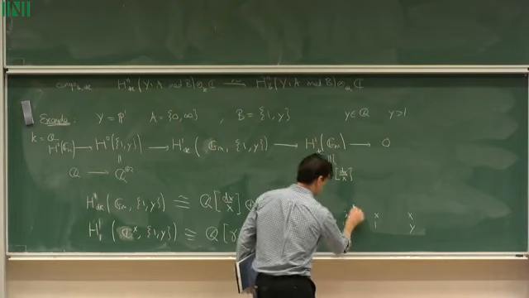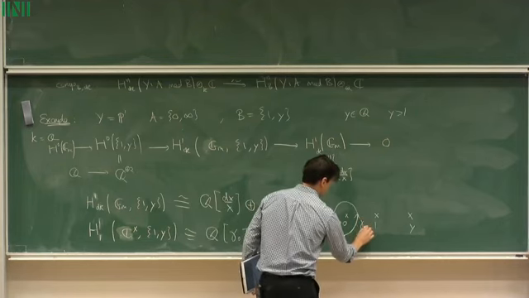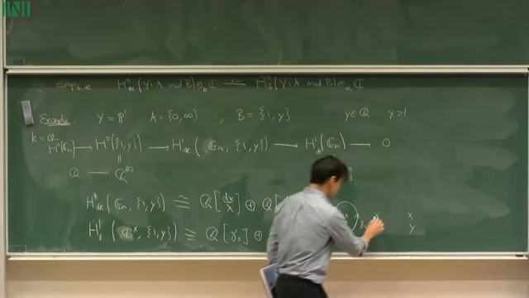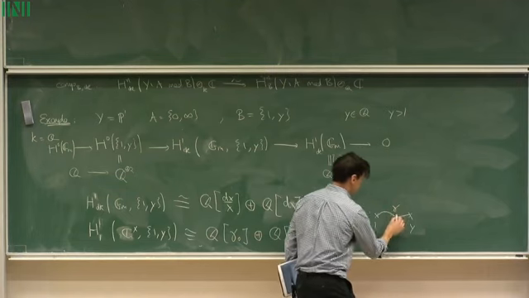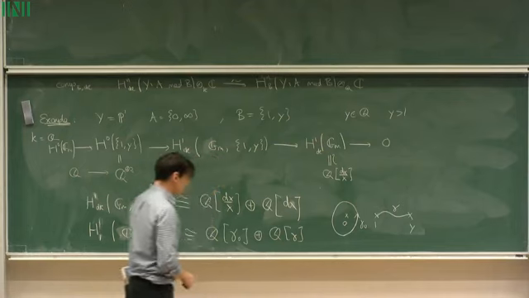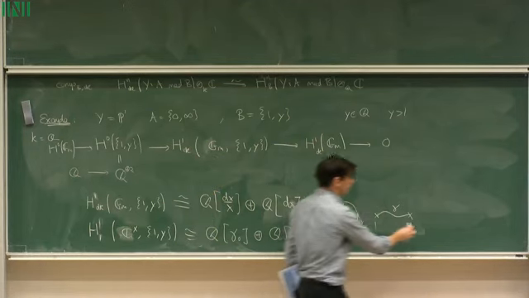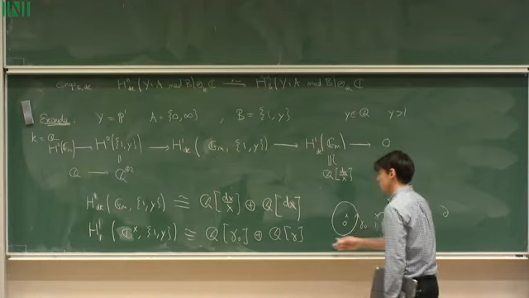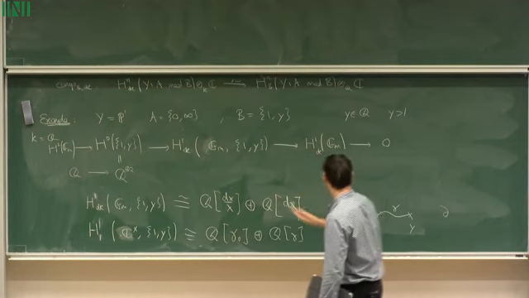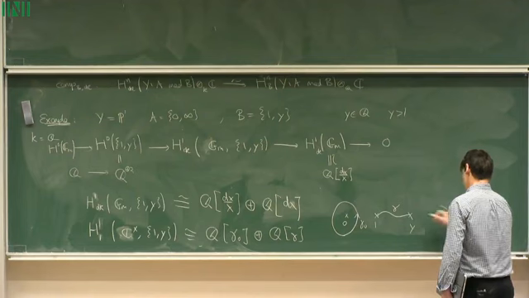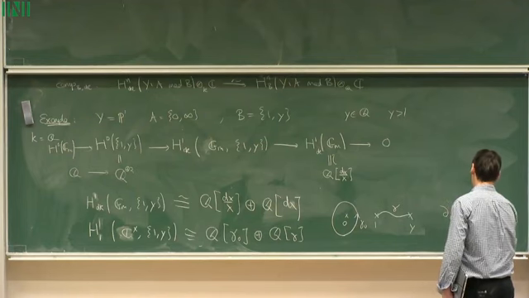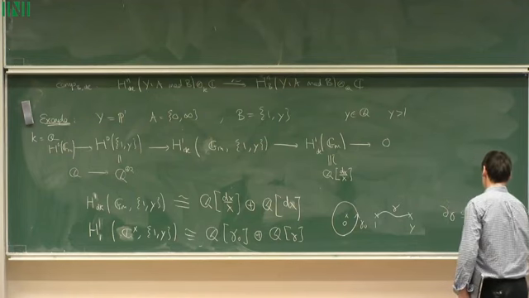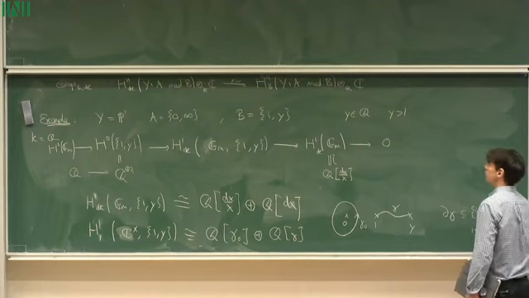Gamma 0 was a loop around 0, and gamma is any path from 1 to y. Clearly gamma 0 is an absolute homology class. It has no boundary. It's a closed cycle, but the boundary of gamma is contained in the points 1, y, so it's a relative homology cycle.